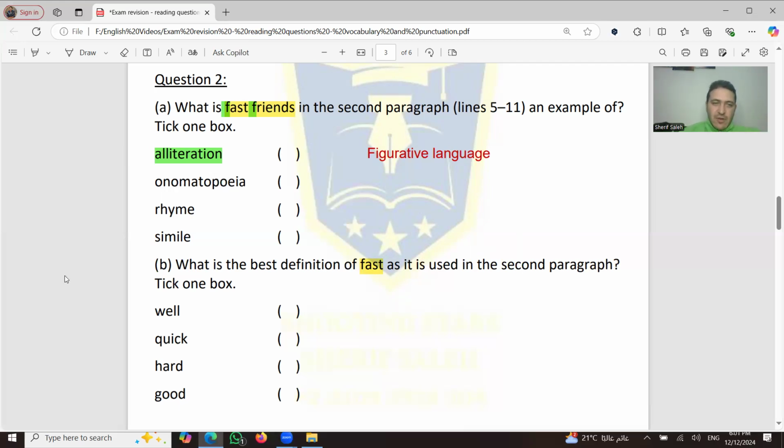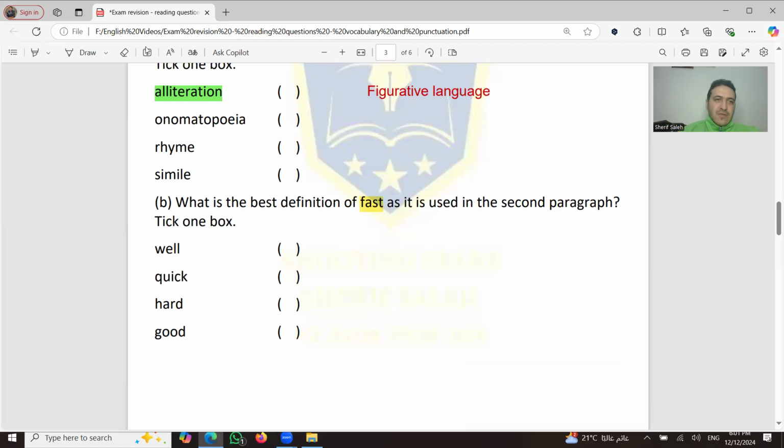So here we have the choices: well, quick, hard, and good. Okay. I received a question from one of my students who asked me, so Mr., it will not be quick or hard, it could be good, but well also means the same thing as good. So why do we choose good rather than well?